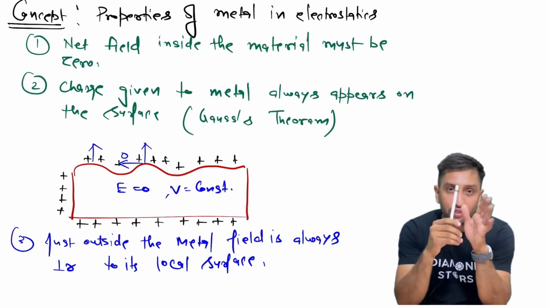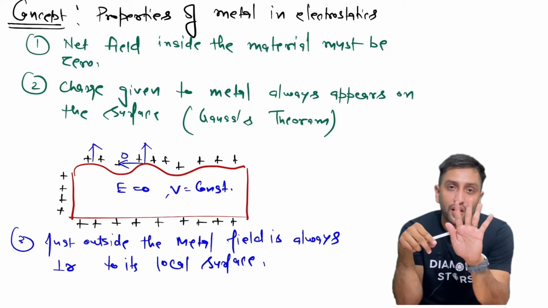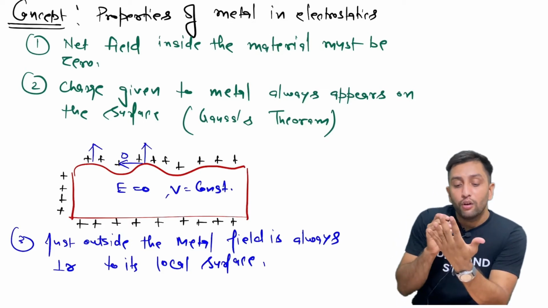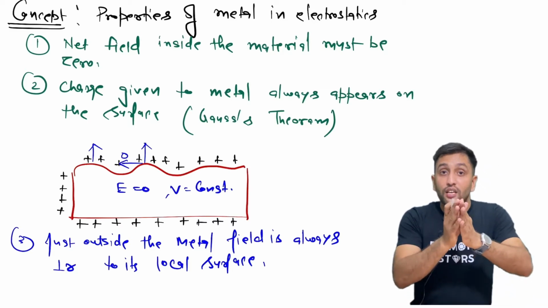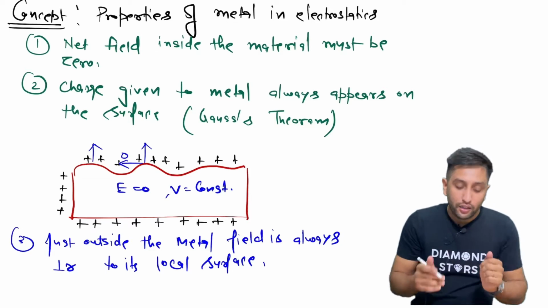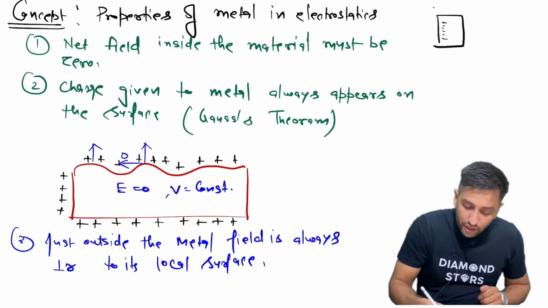If this, my hand, is a body placed in the electric field, then in the polarization the negative charges and the positive charges get separated. Negative charges will be in this direction, and positive will be in the opposite direction. This charge separation results in an induced electric field, which is equal in magnitude to the external electric field.